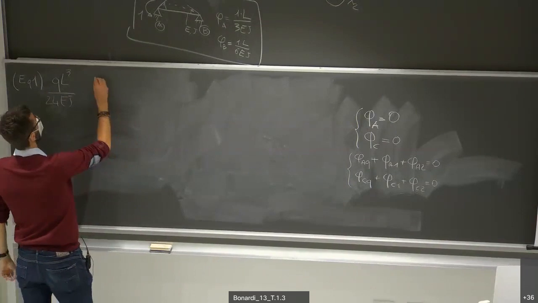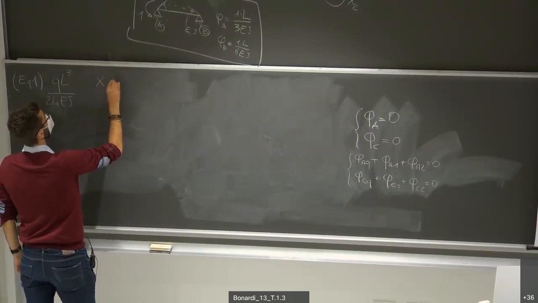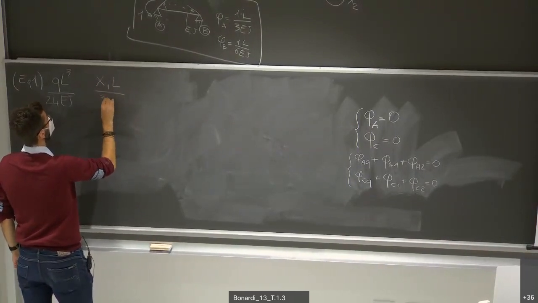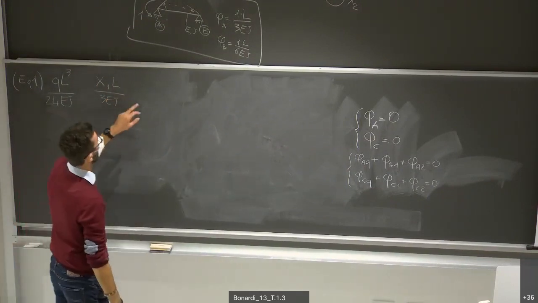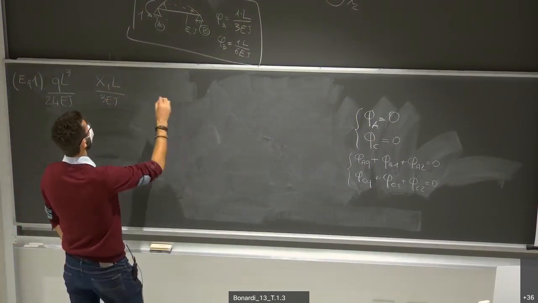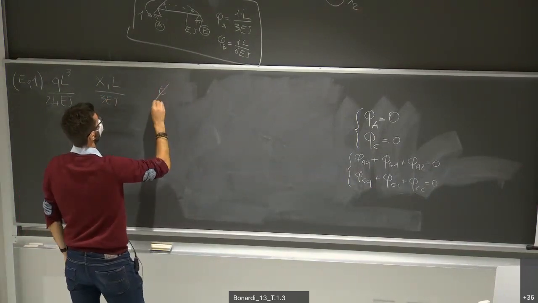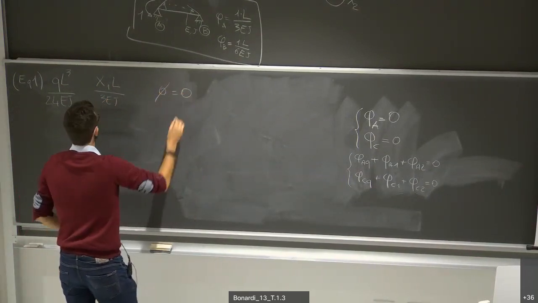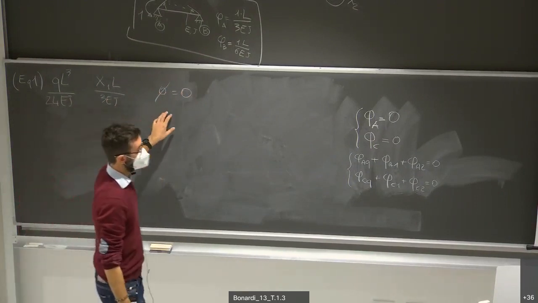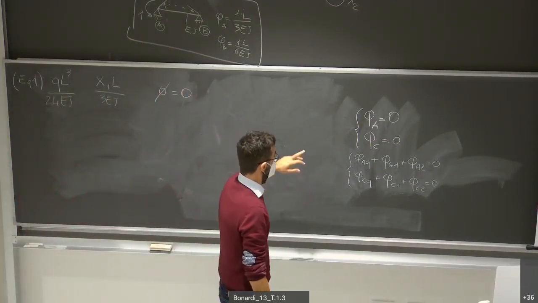So PA1 is x1 times L over 3 iota. And then we have PA2, which is 0. All these three terms summed up are 0.